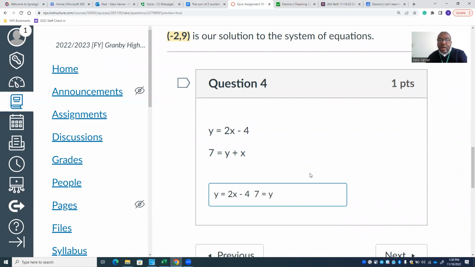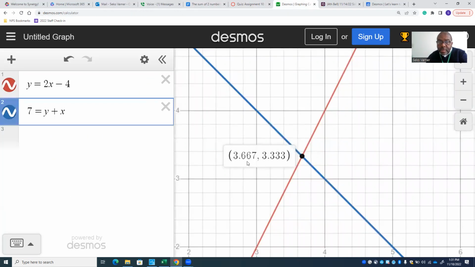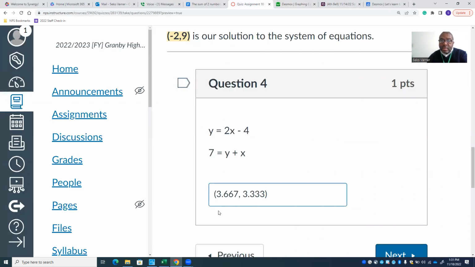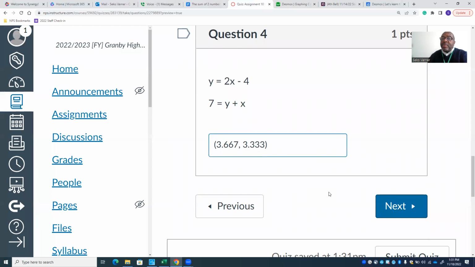No, it didn't. All right, but the answer would be parentheses 3.667, comma, 3.333. Wasn't it 333? Yes. This is how the answer looks. Okay. All right. So did you both come up with that answer?